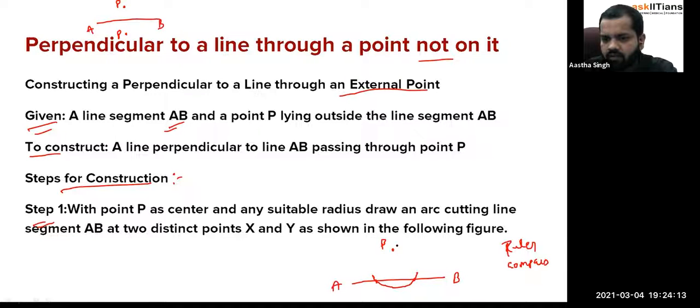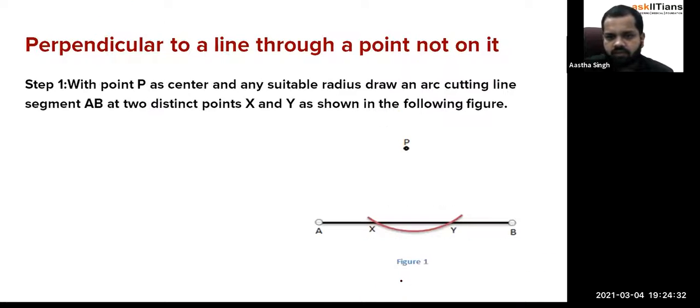What we have done with the help of the compass pointed at P is draw an arc with any radius such that it cuts the line AB at two distinct points, X and Y. I think step one is clear.